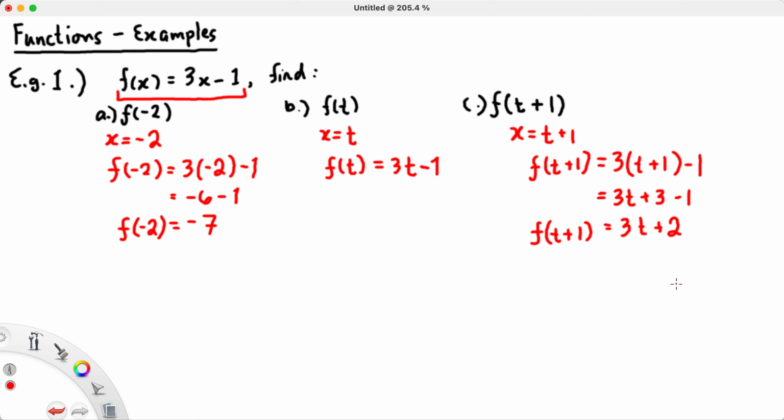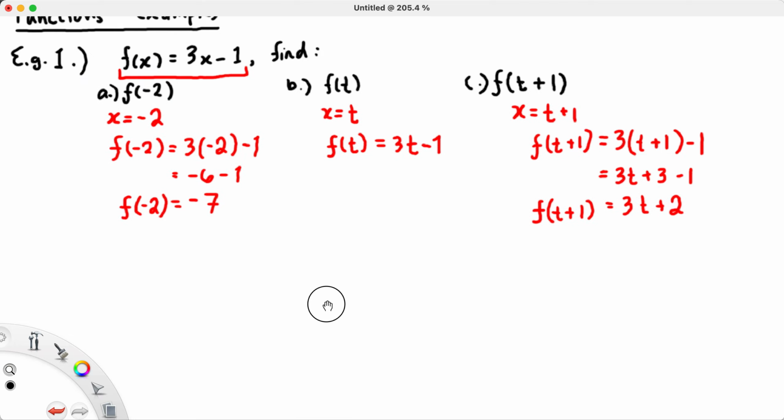Next, let's have an example wherein, just like in the previous video, we're going to convert an implicit function into an explicit one. Let me scroll down to example 2.